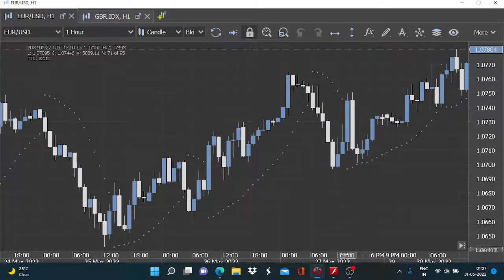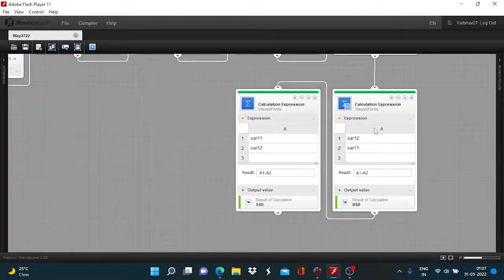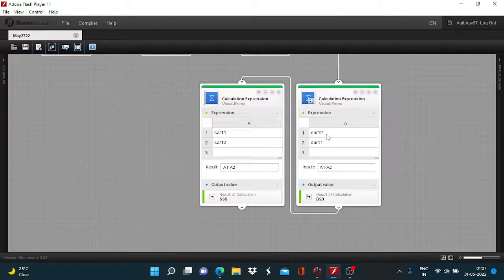Okay, so now let us turn to the execution part. We have this variable in place where we are looking at the difference between the two SAR output values over the last 2 hours.